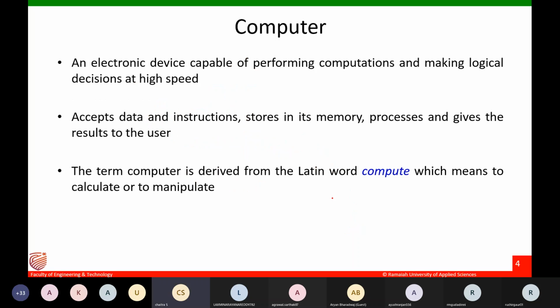Here comes where the word computer comes from. This term computer came from a Latin word compute, which means calculations or to manipulate. That is nothing but computations. So what do you mean by manipulate? We as users only write a program, however is required.